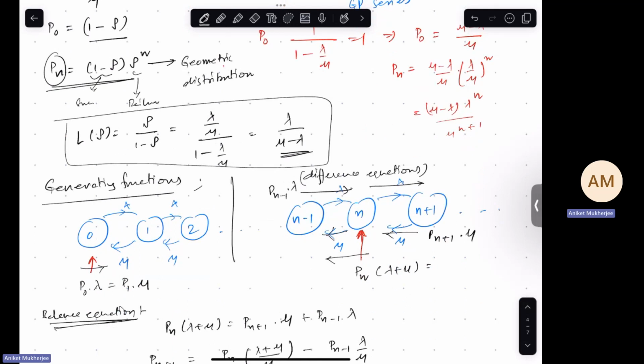Similarly, we can use generating functions and difference equations to find the probability distribution of the state and get the expected number.